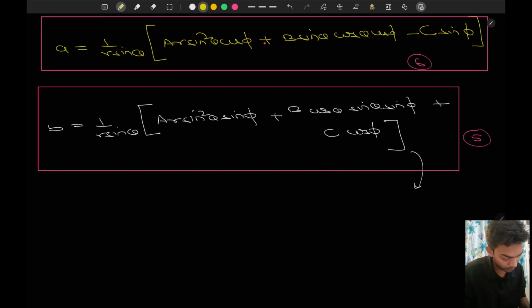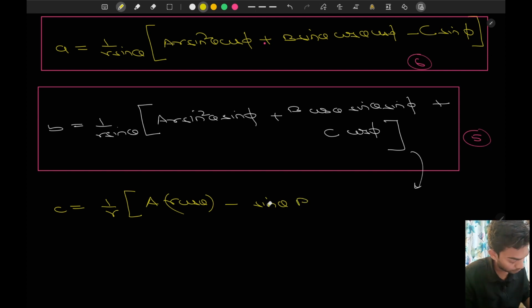Small c is actually equal to 1 over r cos theta, times capital A, let me write capital A here, you have r cos theta, minus sin theta, b sin theta, and then you have plus 0 into capital C. This is small c.